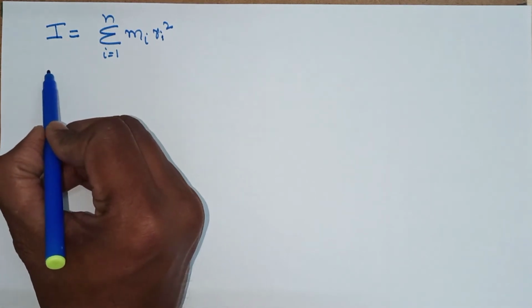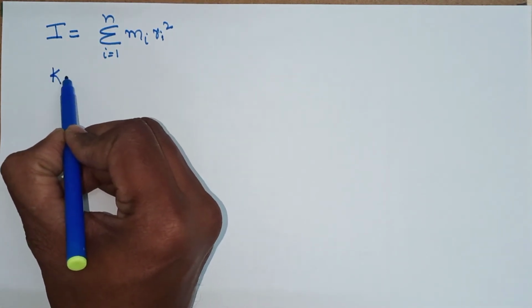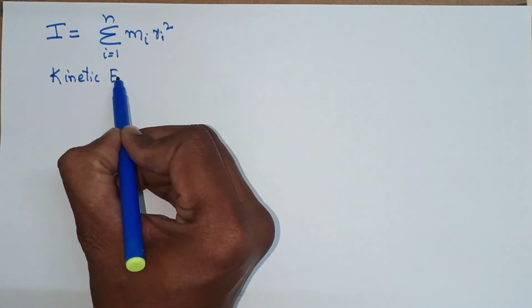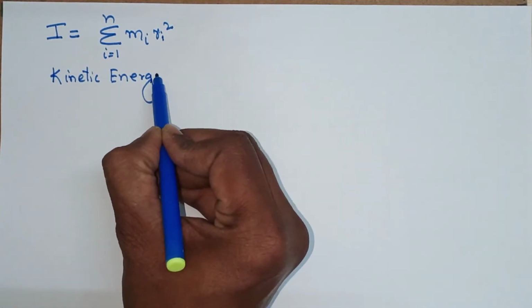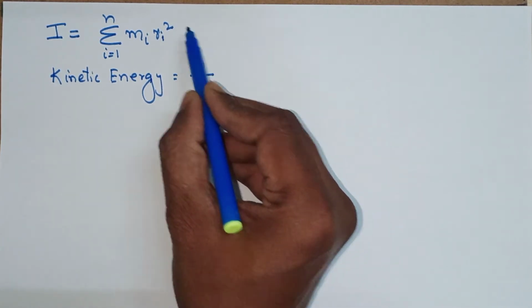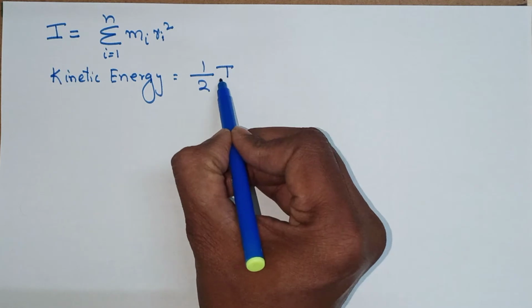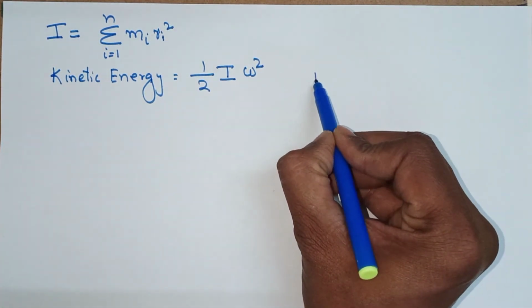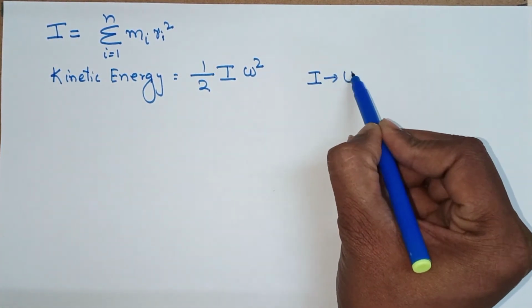Now how do we write the kinetic energy? Kinetic energy is equal to half I omega square, in place of this one. What is the unit of I?